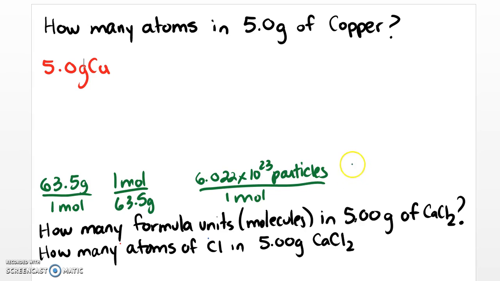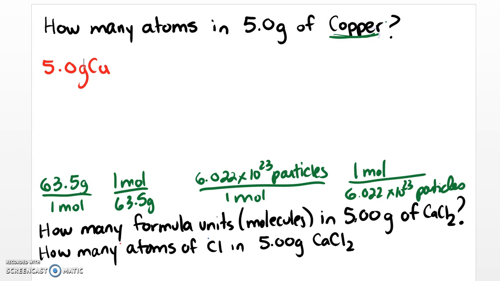Or you could use it the other way around: 1 mole is equivalent to 6.022 times 10 to the 23 particles. In this case, we're dealing with copper, and the smallest particle that has the chemical composition of copper is an atom.